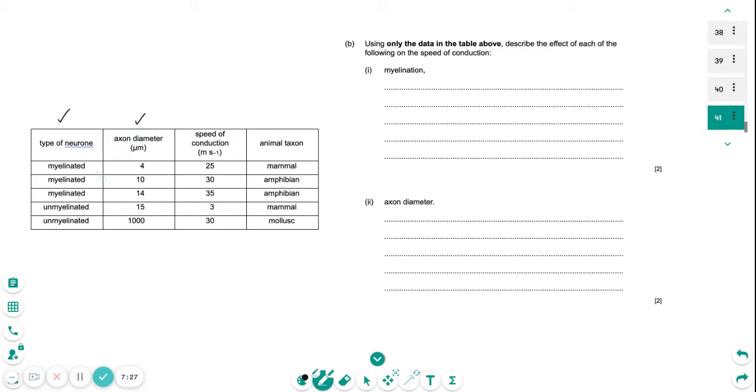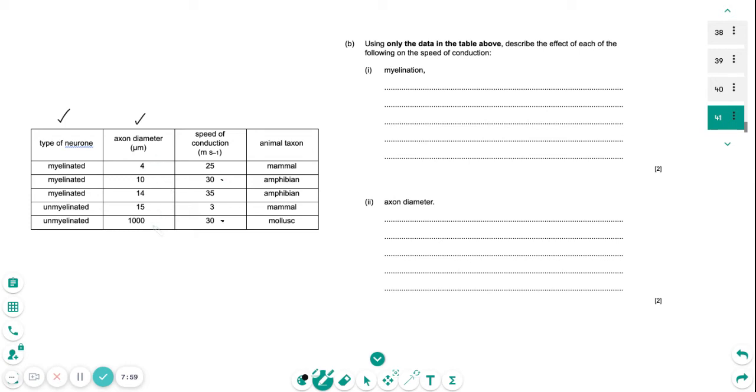So speed of conduction for these first 3 is 25 meters per second, 30 meters per second, and 35 meters per second. So let's see how they compare with the unmyelinated. We've only got 3 meters per second, but this one actually at 30 meters per second as well is somehow matching with this one here. I wonder why that is. Well, let's look at the other column of axon diameter.